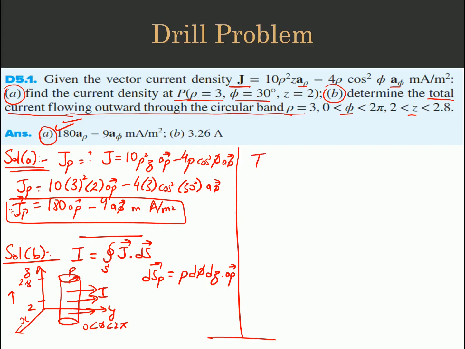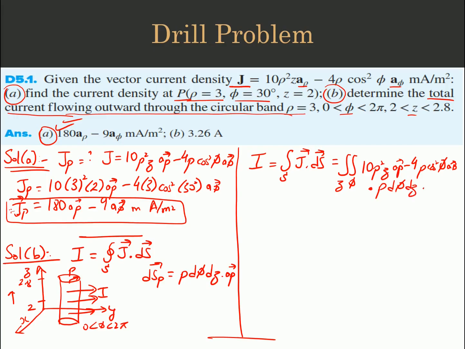Once we have this, we just apply the surface integral of J dot dS, which is basically a double integral, and the limits vary along phi and z. The value of J is 10 rho square z along a of rho minus 4 rho cos square phi along a of phi, and I'm going to take the dot product with rho d phi dz along a of rho.